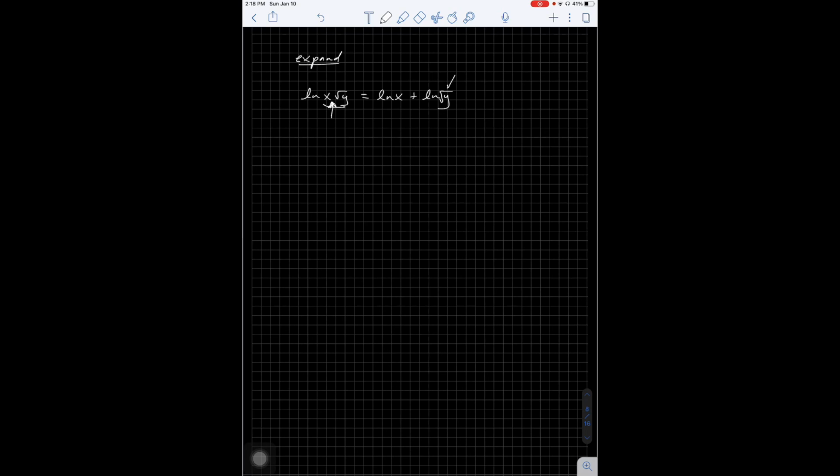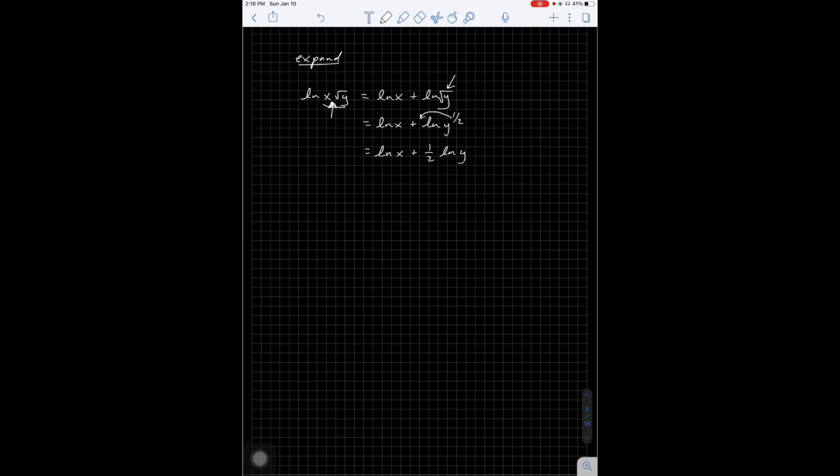Well, this root is a power. This is a power of 1/2, which means that 1/2 is going to come down in front. So it's exactly the opposite of what we just did. Previously, it was people up, then smashed together. Now it's pull apart, people down.